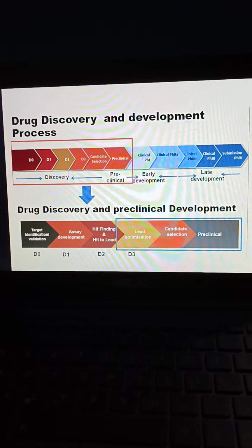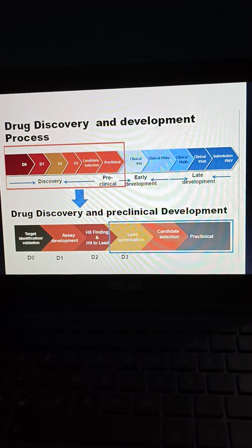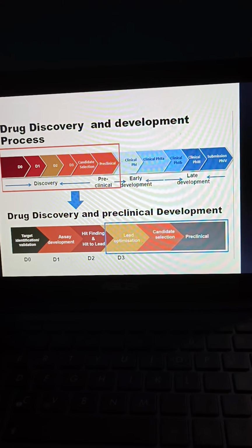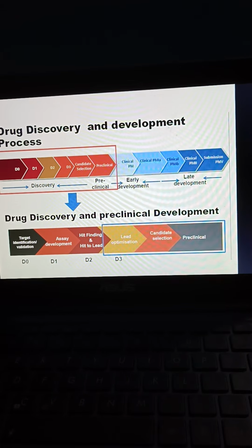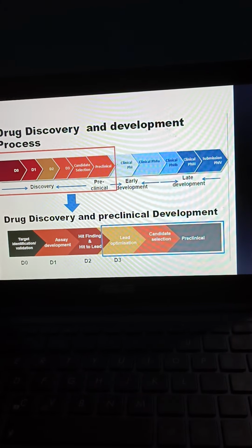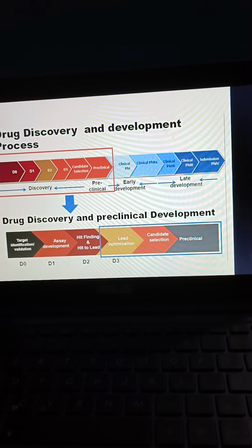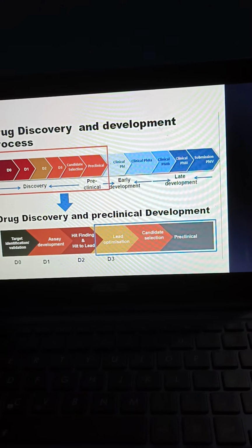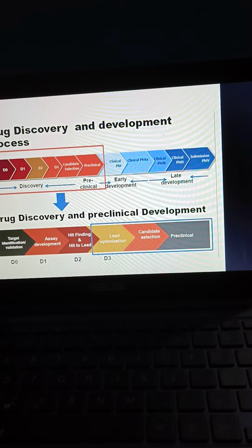Then this is the drug discovery and development process. Discovery, and then candidate selection, preclinical, then clinical. Phase 1 early development, that is clinical phase 1, clinical phase 2A, clinical phase 2B, and clinical phase 3.